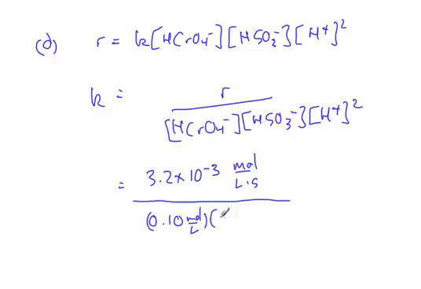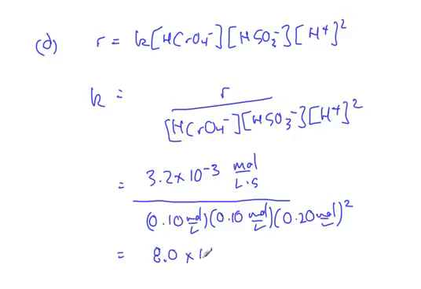Initial concentration of hydrogen sulfite ion was 0.1 moles per liter. And the initial concentration of hydrogen ion was 0.2 moles per liter. And then we square that. So the number is easy. We just do a calculation and we get 8.0. Now the unit is what's important.